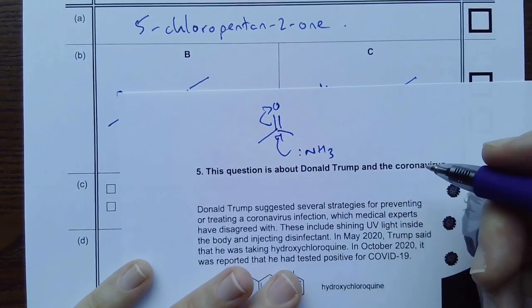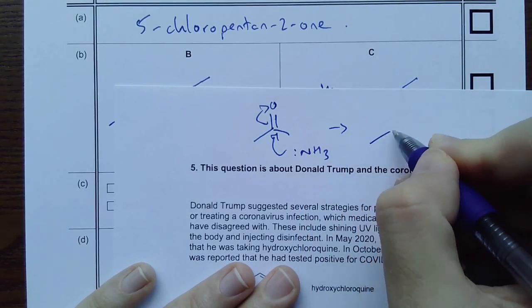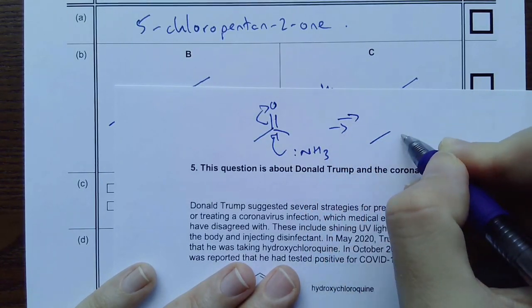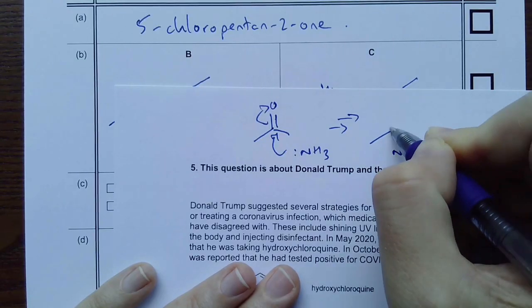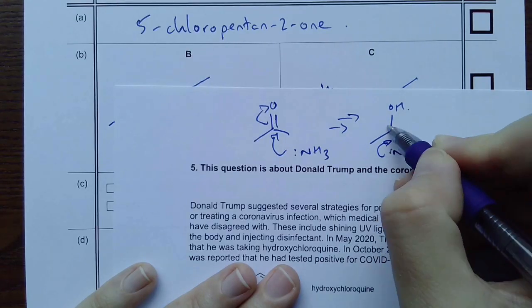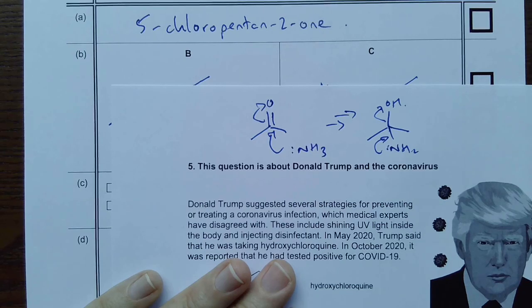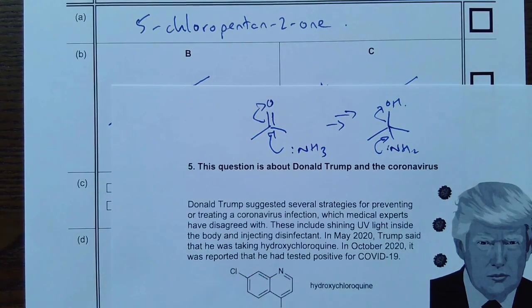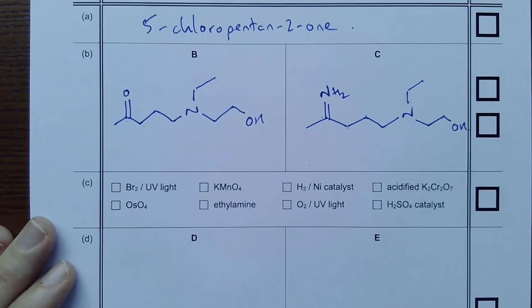Obviously there'll be some protonation and that kind of thing, but after a few steps you'll end up with something like an NH2 here and an OH here, and then this comes down and forms the double bond between the carbon and the nitrogen. You can look up the reaction mechanism yourself if you're interested. That's just a brief overview.